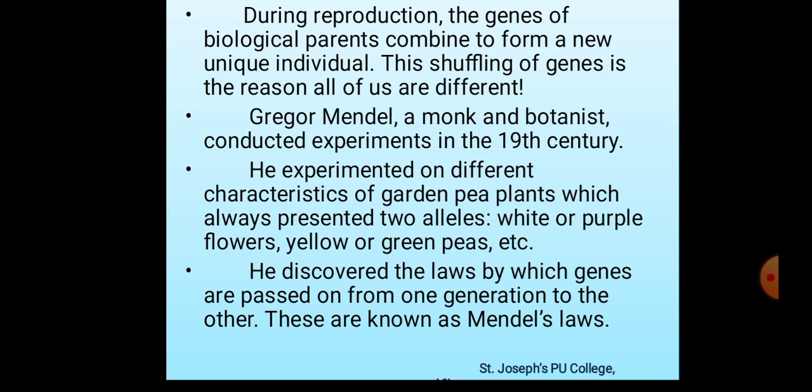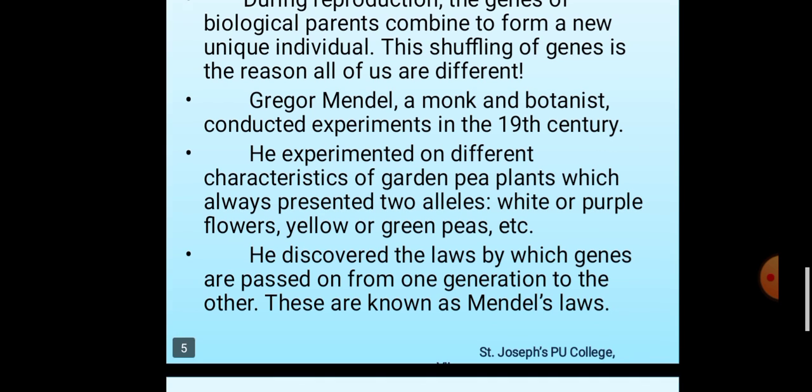He experimented on different characteristics of garden pea plants, which always presented in two alleles, white or purple flowers, yellow or green peas, etc. He discovered the laws by which genes are passed on from one generation to the other. These are known as Mendel's laws.